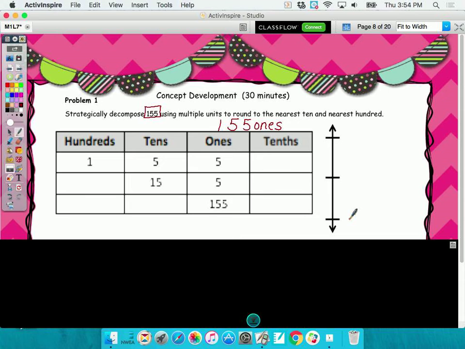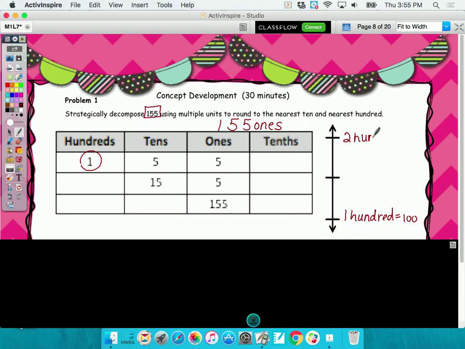So I want to start with 100. What digit is in the hundreds place? A 1. So we will write it in unit form. 1 hundred equals 100, so unit form and standard form. And what number comes after 1? 2.